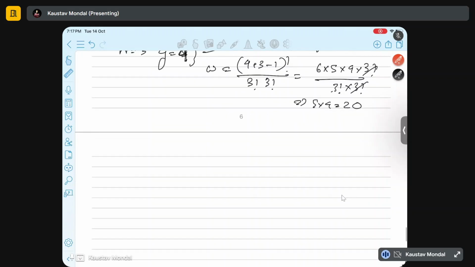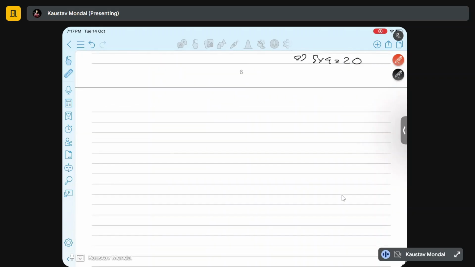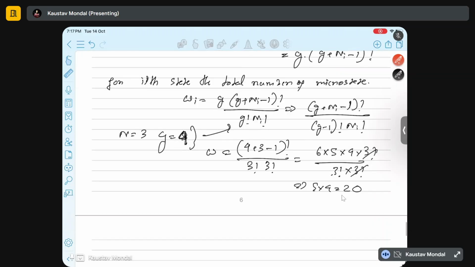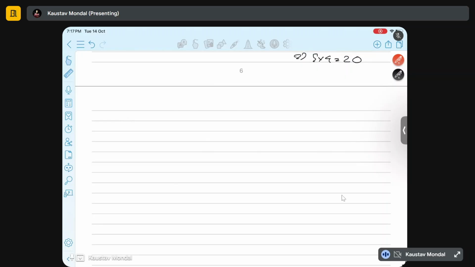Now, since we got the configuration W, the way we have calculated the Boltzmann distribution, the same process we can use here also.